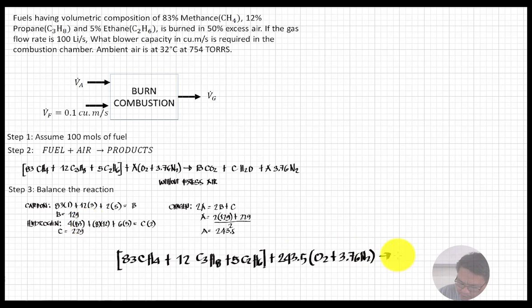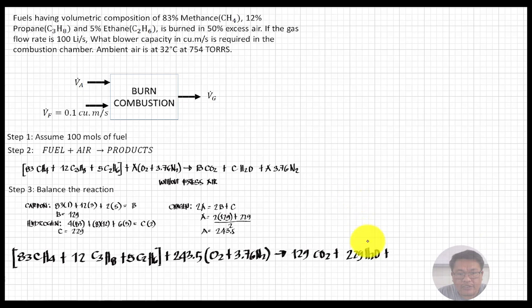Okay, then we have your product. The value of your B, which is 129, times your CO2, plus for the value of C, we have 229 times H2O. Then plus 243.5 multiplied by 3.76 for your nitrogen.